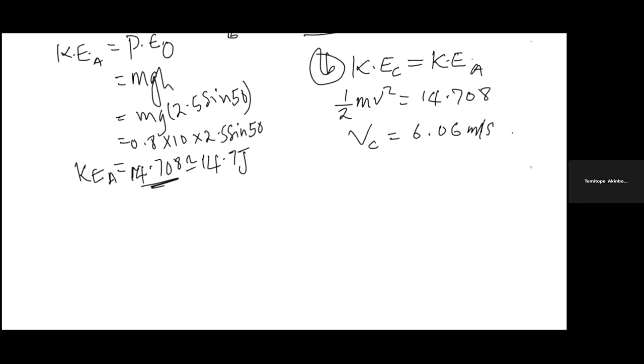Okay, let me hear from Adaniki. Potential energy at O, what? 1.36. Correct, but is your 1.36 positive or negative?